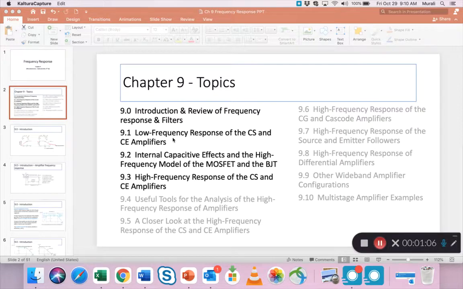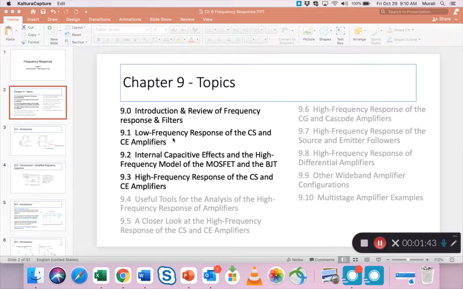Those determined your low frequency response, meaning what is the cutoff frequency below which the amplifier's response is not usable, meaning it becomes too low, the gain is not stable and it's too low, and so on. But above the lower cutoff frequency, we find that the amplifier is useful.